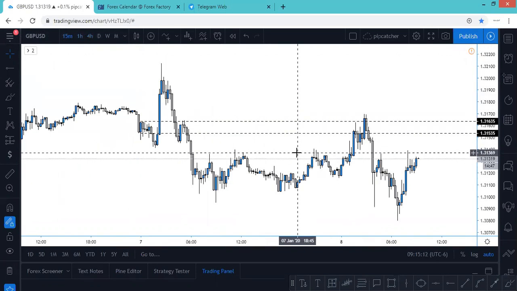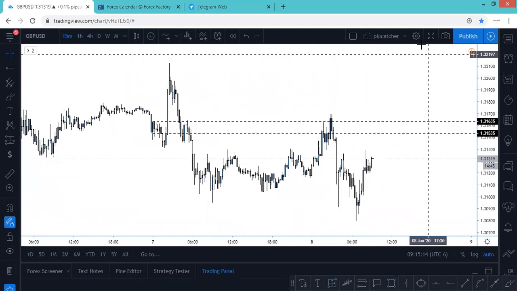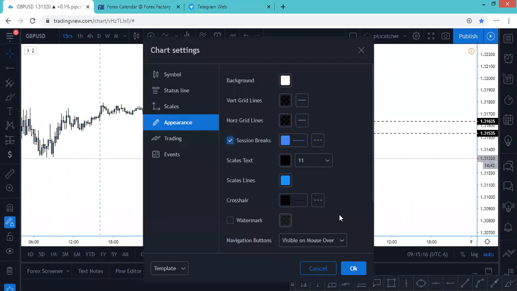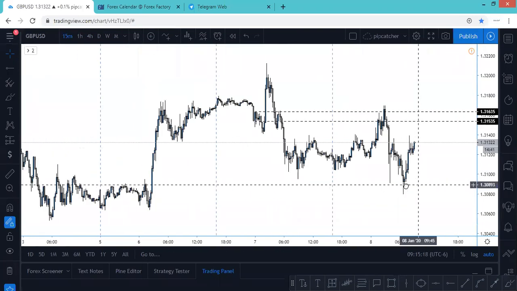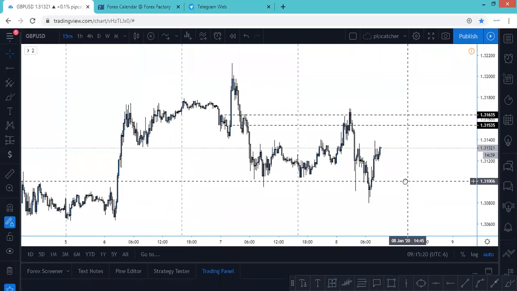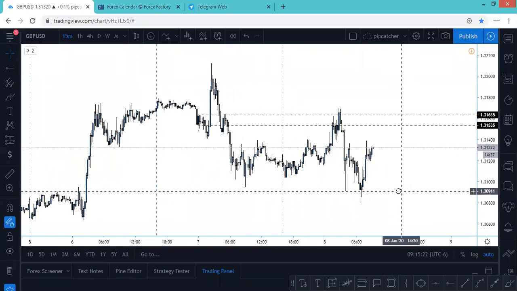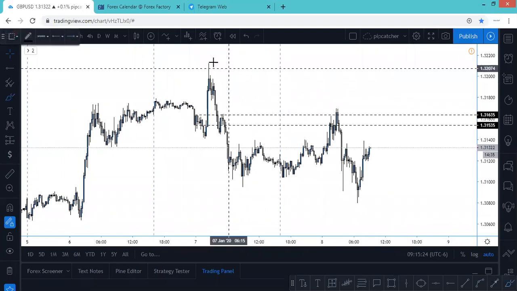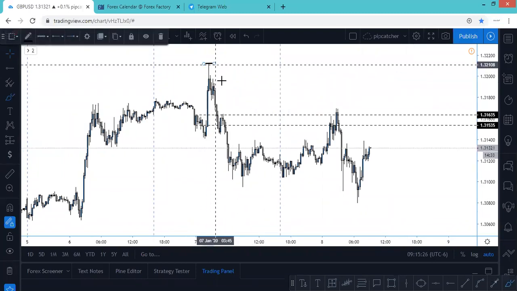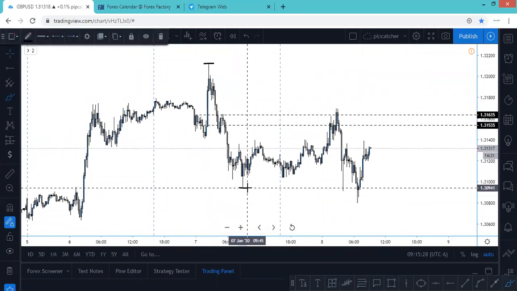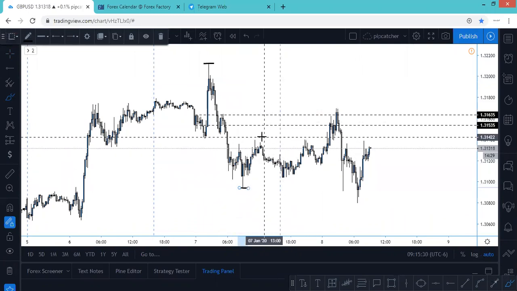And then we go to the 15-minute time frame. Let me throw on session breaks so we can see the day of what I initially saw. So here's the high from yesterday and the low from yesterday, right?